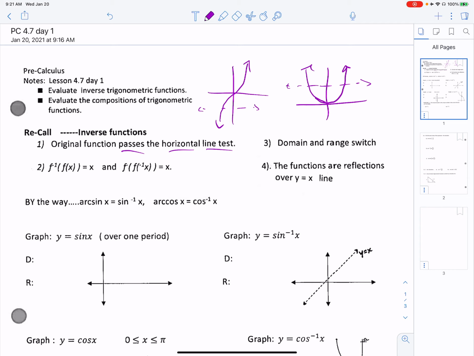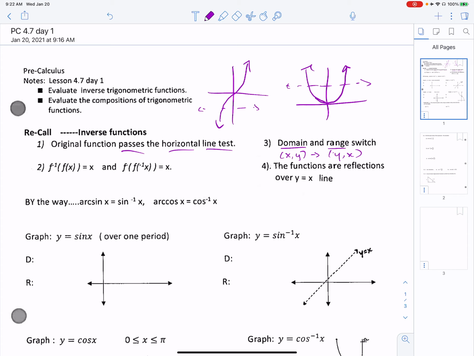When you have an inverse, the domain and range switch. Actually, the point (x, y) goes to the point (y, x). Ordered pairs on the original switch positions to be on the inverse.